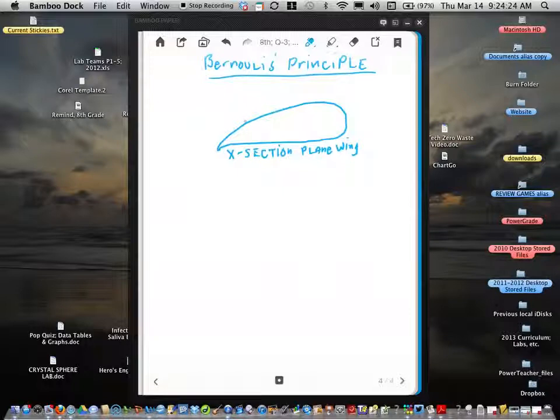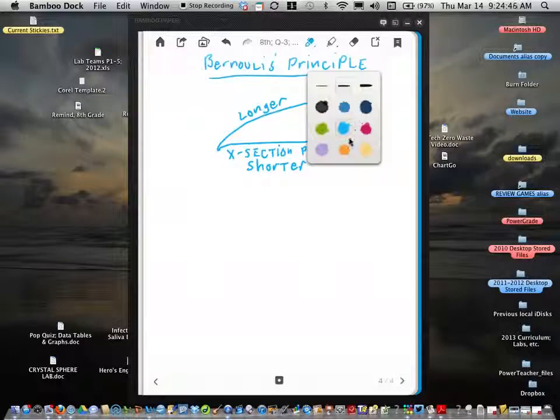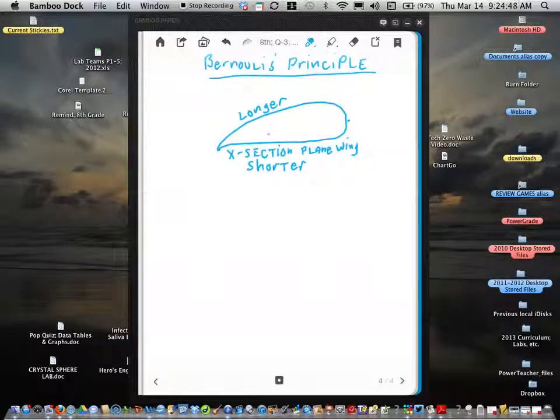The portion on the top of the wing, this part right here, is longer than the bottom. The bottom is a shorter distance than the top. So if we took a measurement from right there to right there, that distance on the top is longer than the distance on the bottom.